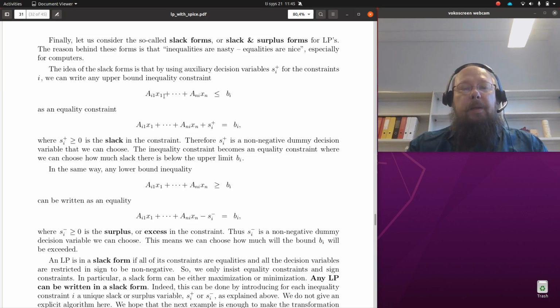So here is just formally one line: a_i1 times x1 plus a_i2 x2 and so on up to a_in xn is less than or equal to b_i. Okay, so if this side is less than or equal to this side, then it means that the difference, the left hand side minus the right hand side, is a non-positive number, possibly 0.